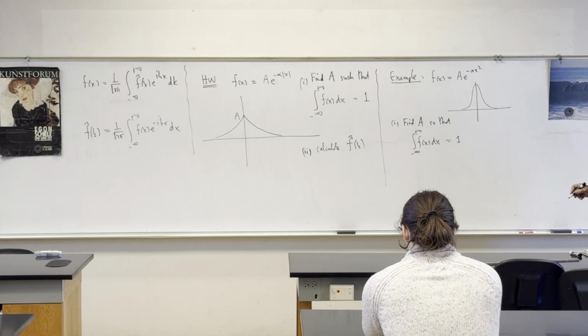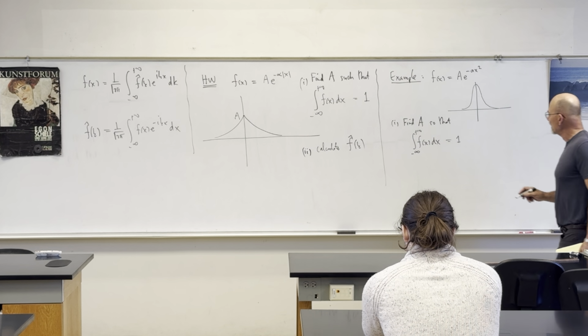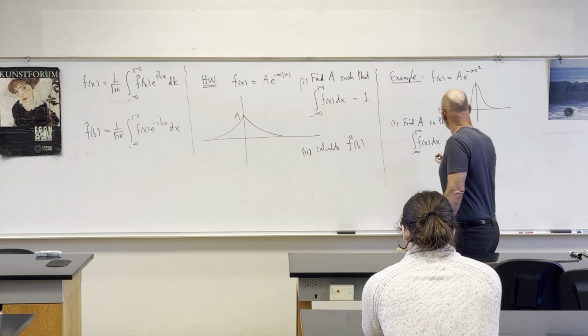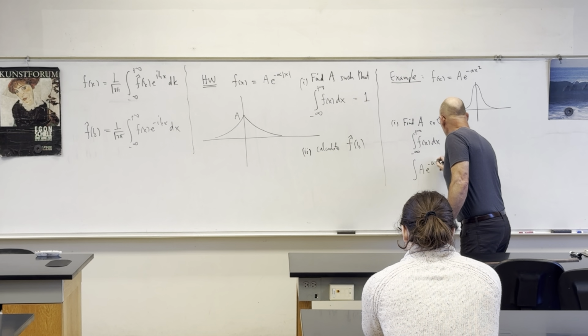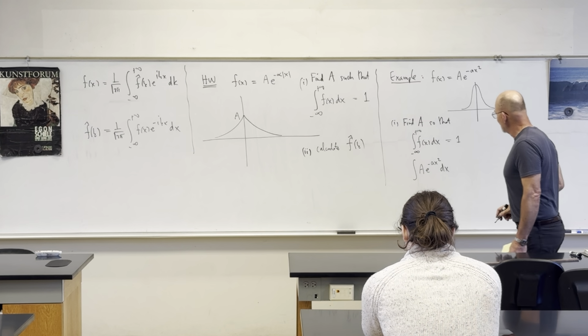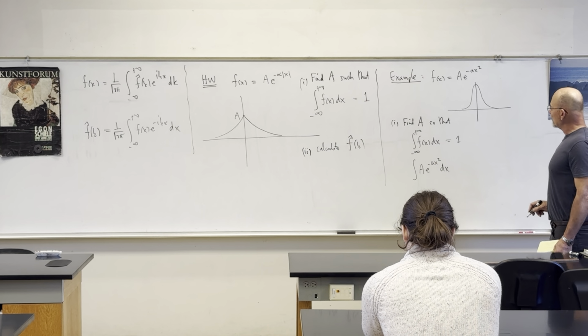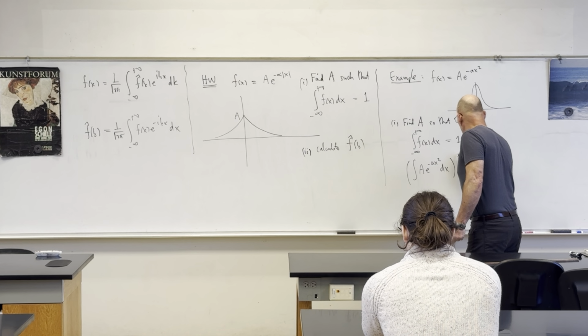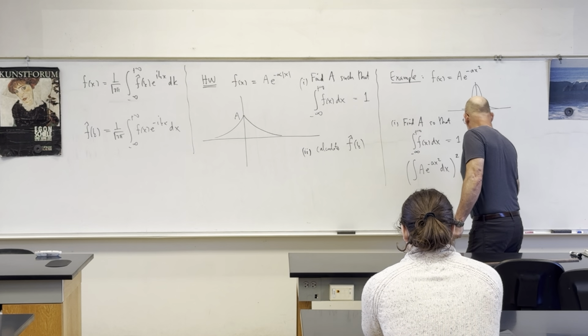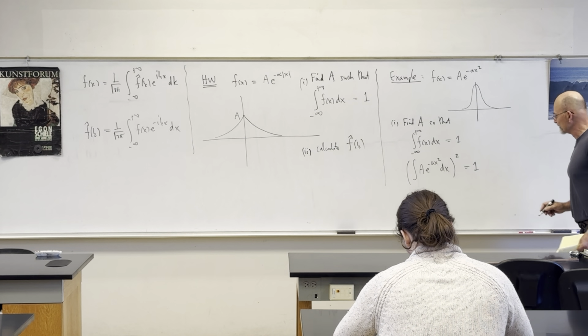This is an interesting problem in its own right. We need the integral of A e to the minus ax squared dx to equal 1, so we can also say we square this thing and it's equal to 1.